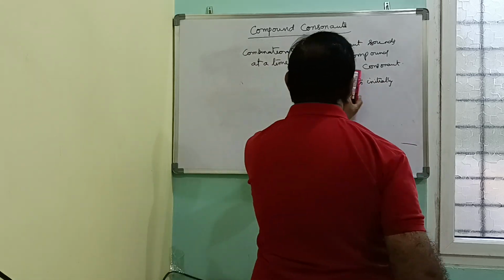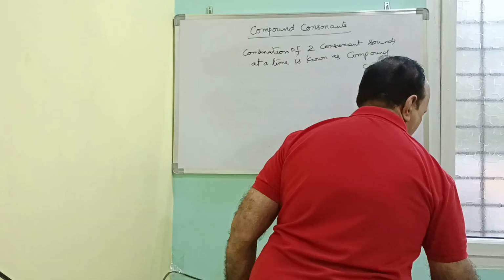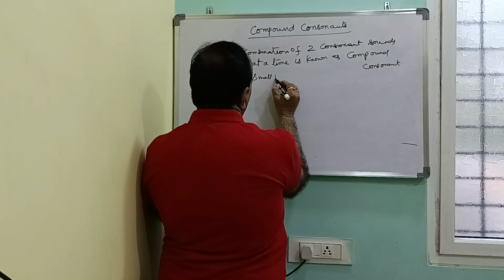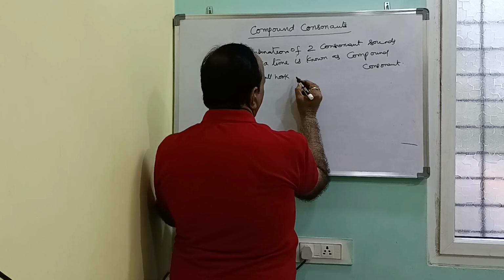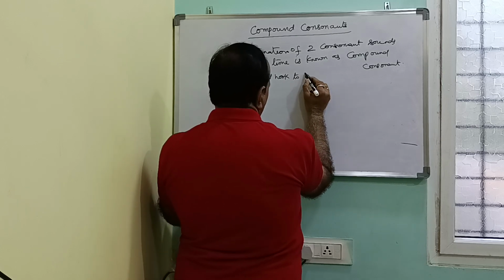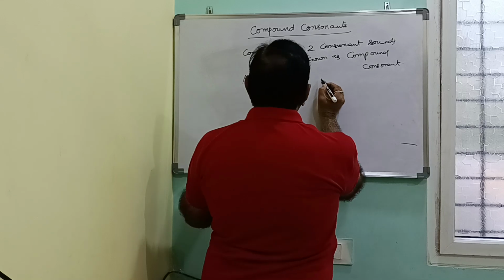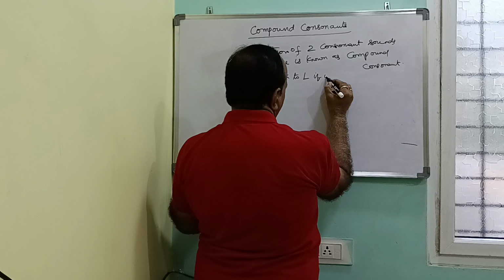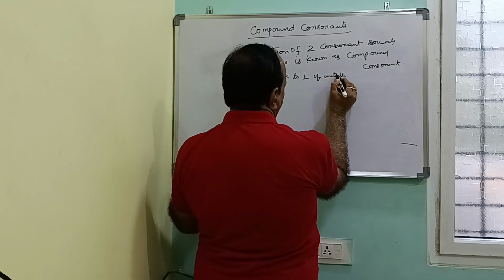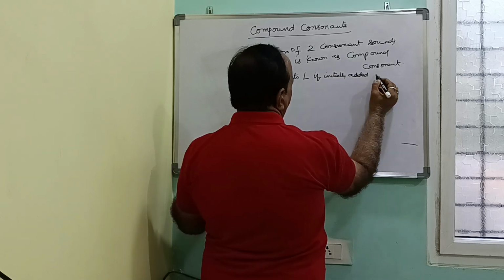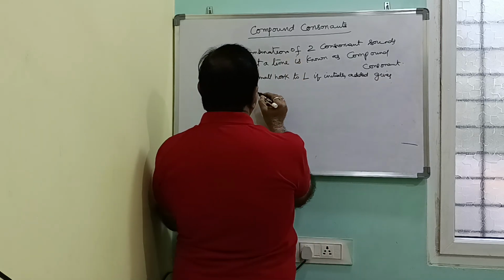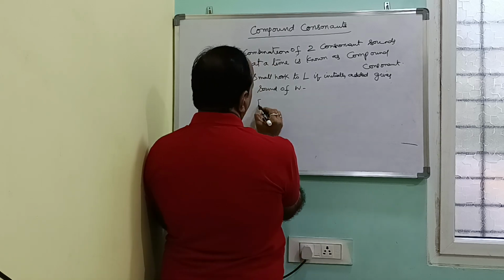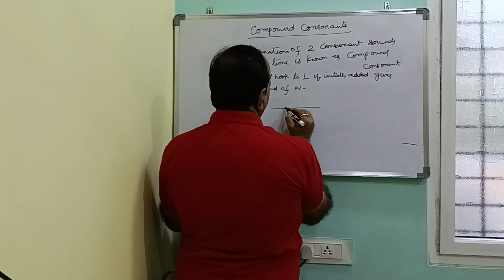I am coming to one more example, a small hook to stroke L. If initially added, it gives the sound of W. For example, L we are writing like this.